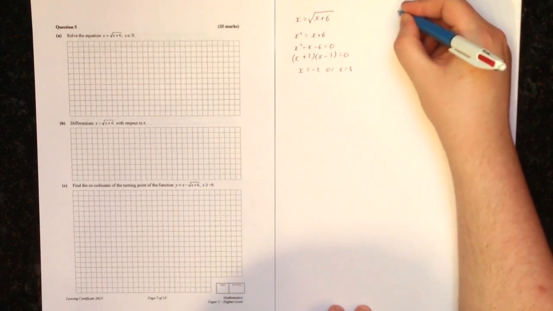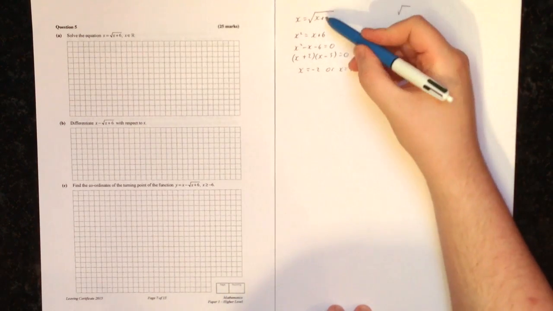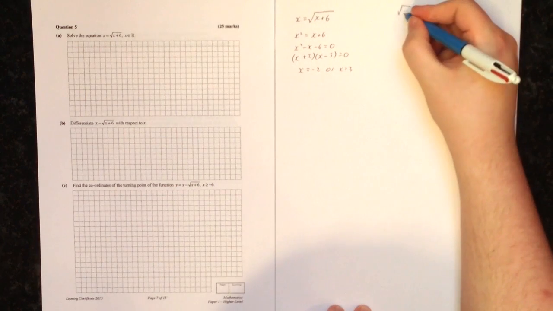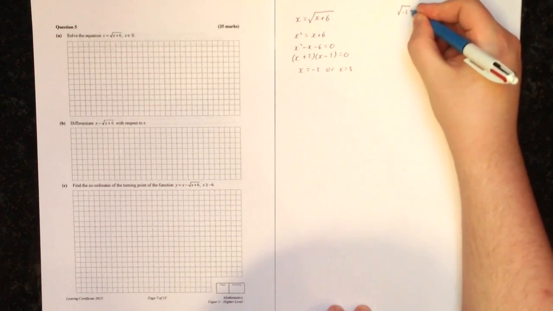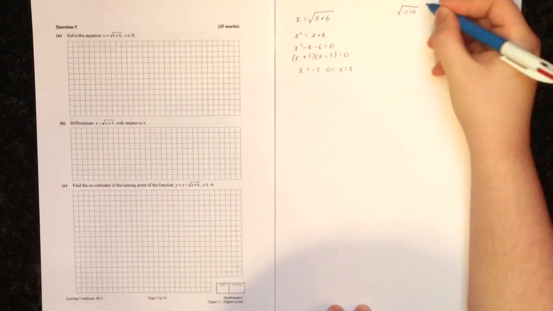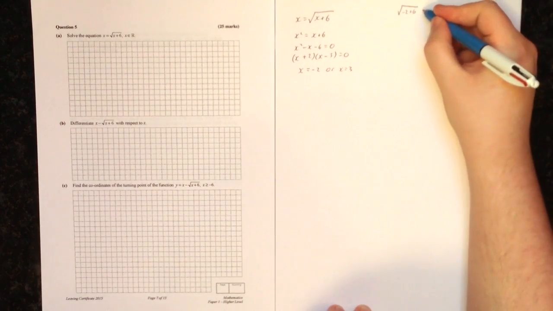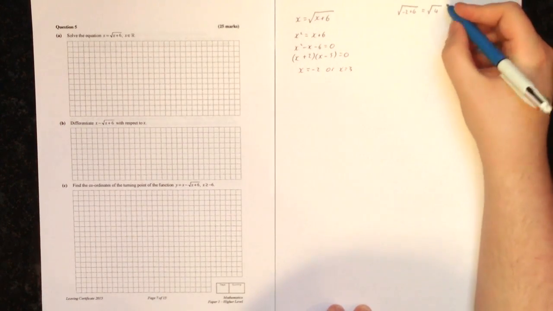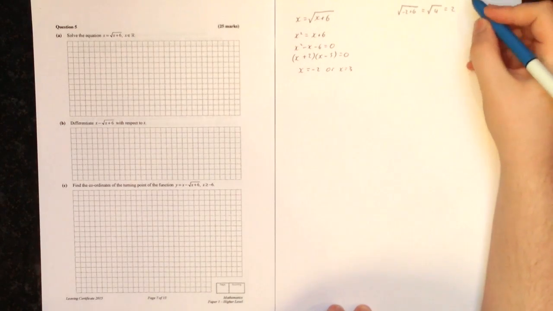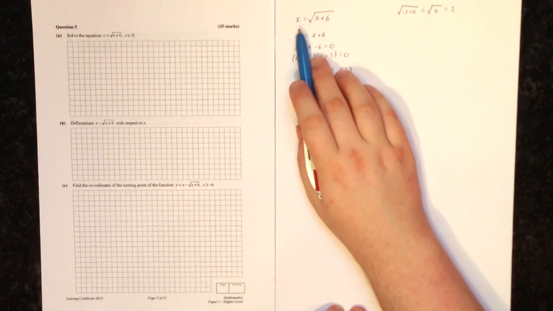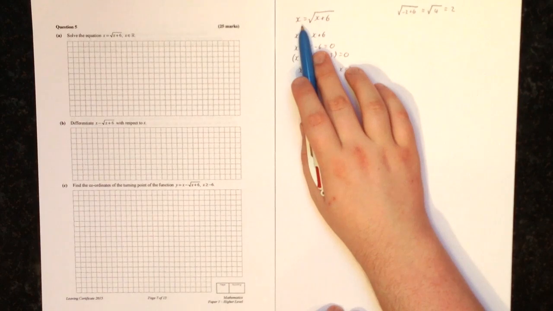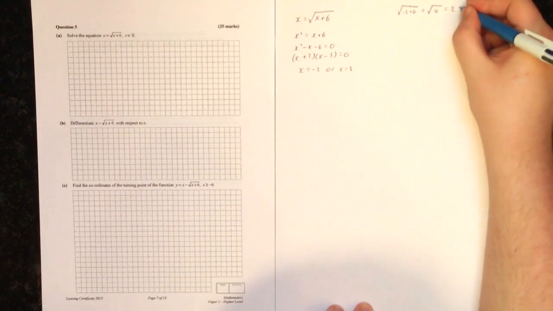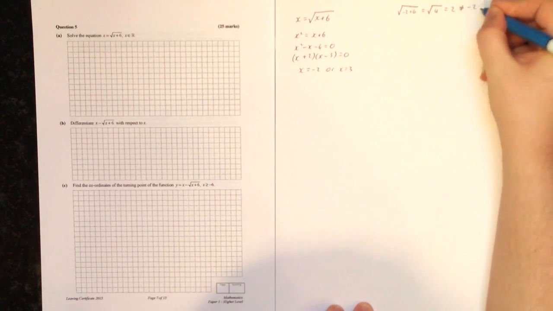So first we want to take the square root of minus 2 plus 6. Which will be equal to the square root of 4, which will be equal to 2. So if x is equal to minus 2, then we'll have that minus 2 is equal to 2, which is false.